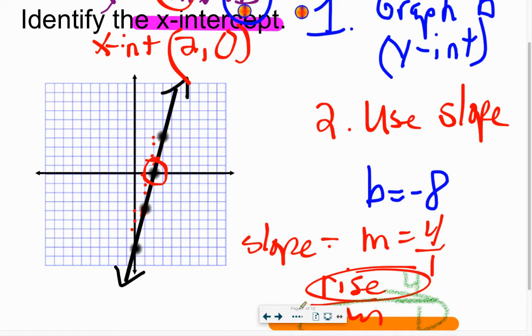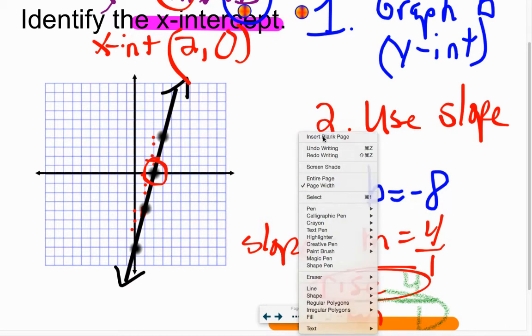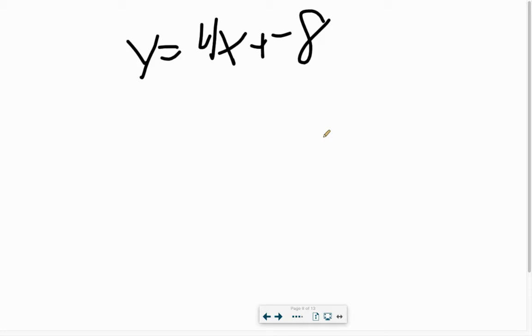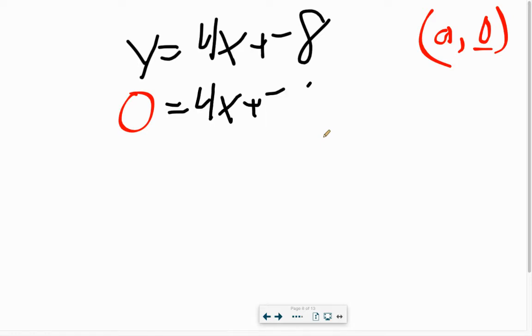Let me break up a new page and show that to you. So you can take that equation, because it's going to be the x-intercept at some point, a 0, you can take that 0 and plug it in for y, because it's always going to be 0. And then you can solve this equation. Step 1, get that variable all by itself.